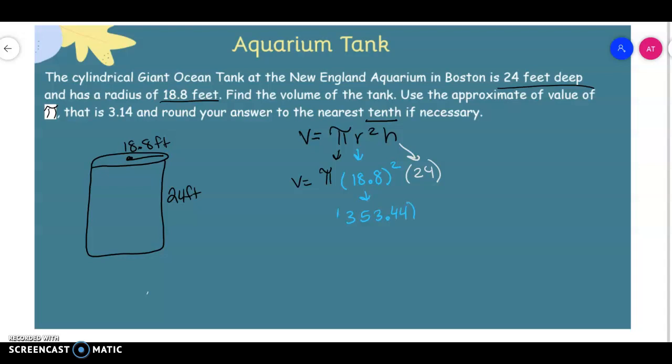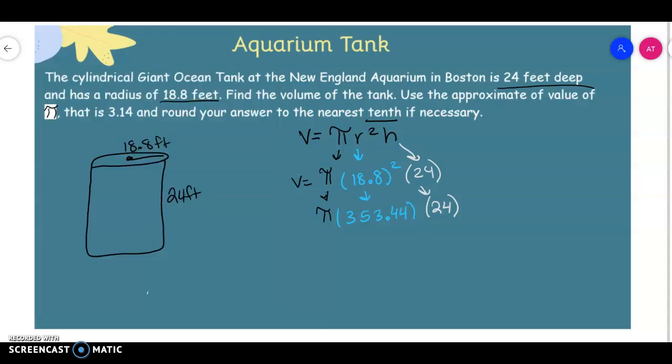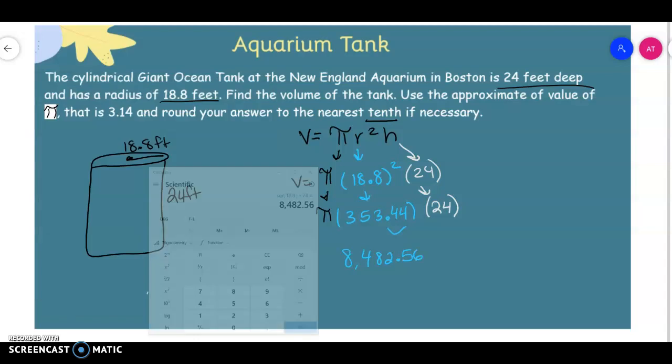And now what I can do is multiply it by my 24, because I need to get everything, and then multiply by pi. Everything's situated. So times 24, I'm going to get 8,482.56. Now remember, I'm not done.